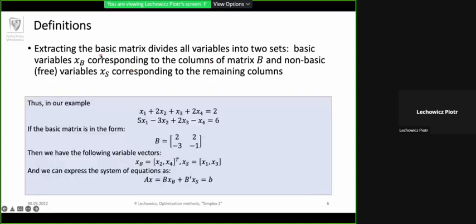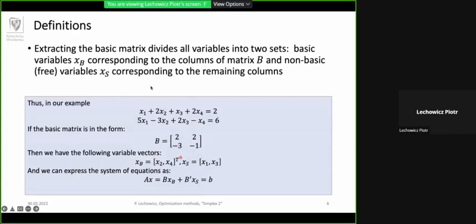So going back to our example, if we create such a basic matrix from the second column and from the fourth column, we have the following basic variables. It is x2 and x4, because we choose those 2 columns to create a basic matrix.